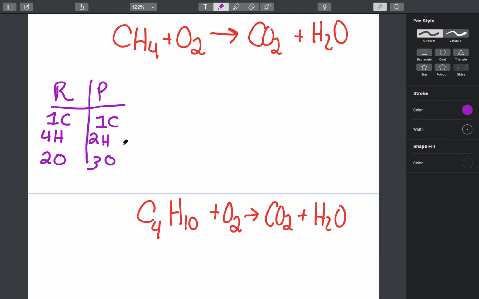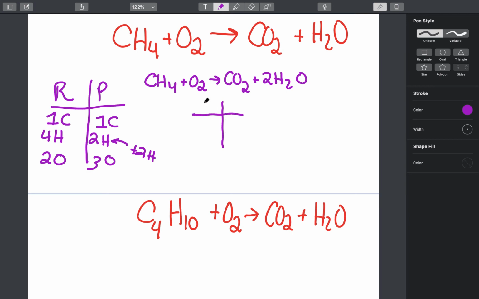So the first thing that I want to do is balance these 2 little hydrogens here. So the way we do that is we have to add 2 hydrogens. So therefore, let's write our new equation. We get CH4 plus O2 goes to CO2 and 2H2O. So now let's write our new little table. So we have 1 carbon, 4 hydrogen, and 2 oxygen.